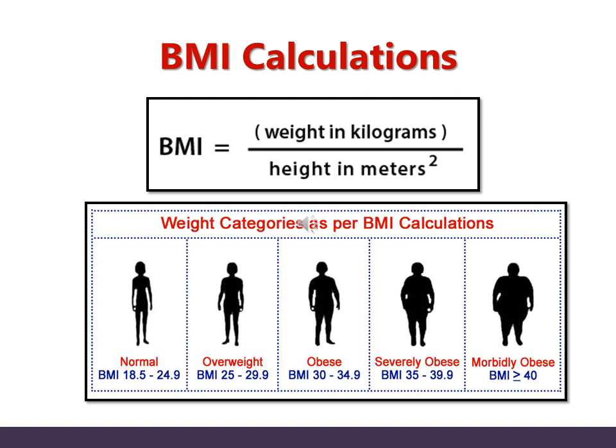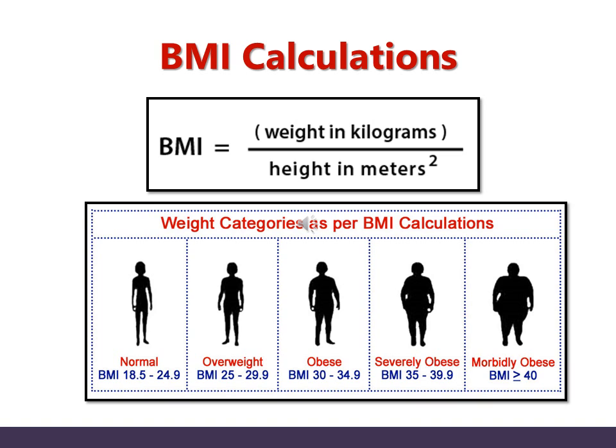So by using BMI, how do we know if our BMI is ideal? Or how do we know if our weight is normal, or overweight, or if we are obese? The calculation is very simple. You just need to get the weight of the patient in kilograms and the height of the patient in meters.